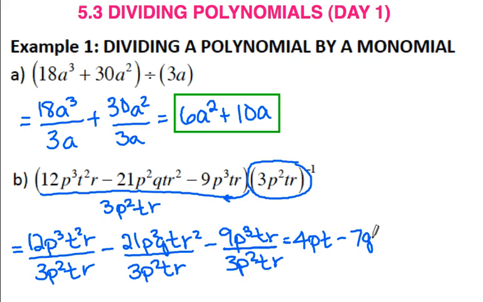T's cancel, and then you cancel one of those r's over here. Minus 9 over 3 reduces to 3. P cubed over p squared reduces to p, and both of your tr's are going to cancel. So your answer for this one is going to be 4pt minus 7qr minus 3p.